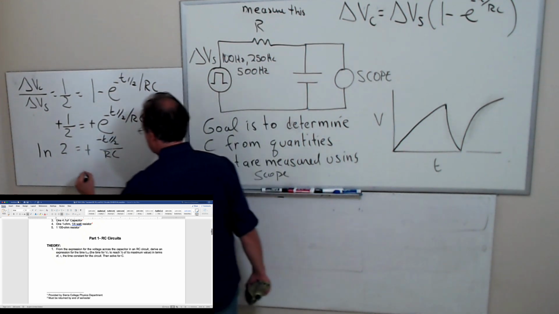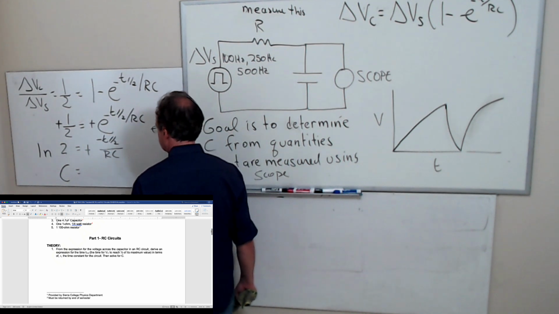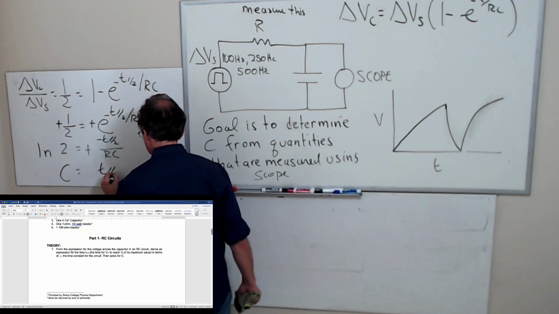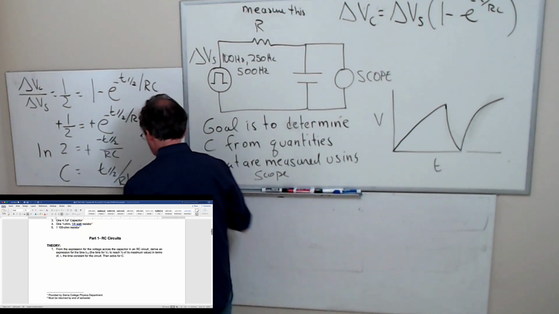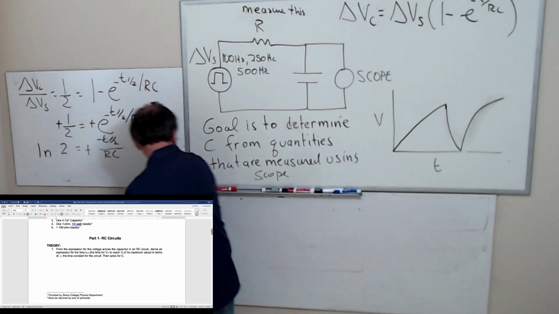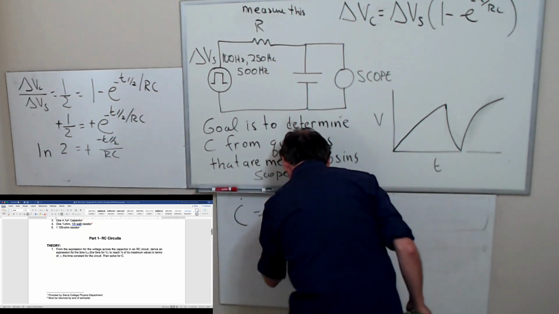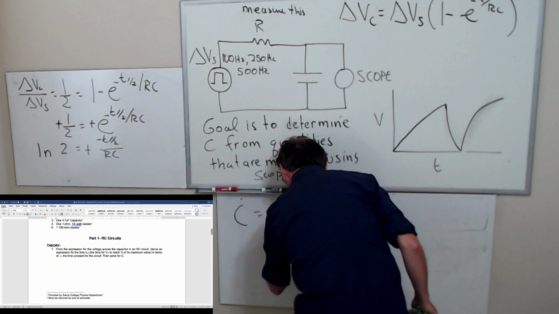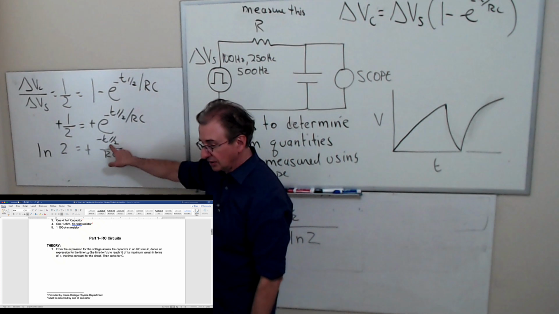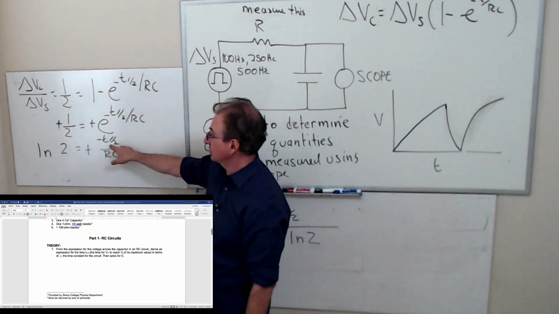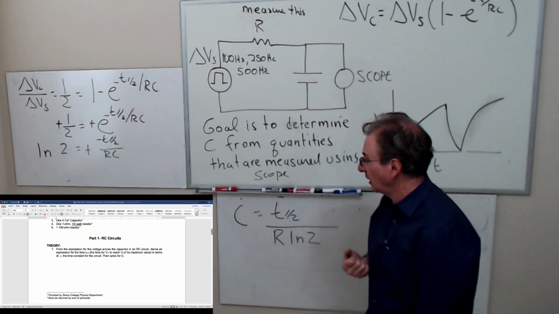And then I can solve for C. Let me rewrite this. I'll write it over here. The reason we write T subscript 1/2 is because this is the time it takes for the voltage to be 1/2 its maximum value, which is 1/2 the power supply voltage.